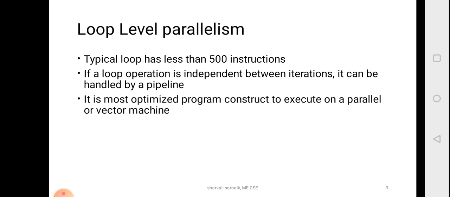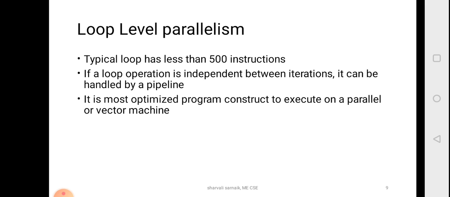Next we have loop level parallelism. Loop level parallelism corresponds to an iterative loop operation. A typical loop contains less than 500 instructions. Some loop operations, if independent in successive iterations, can be vectorized for pipeline execution or for lock step execution on SIMD machines.